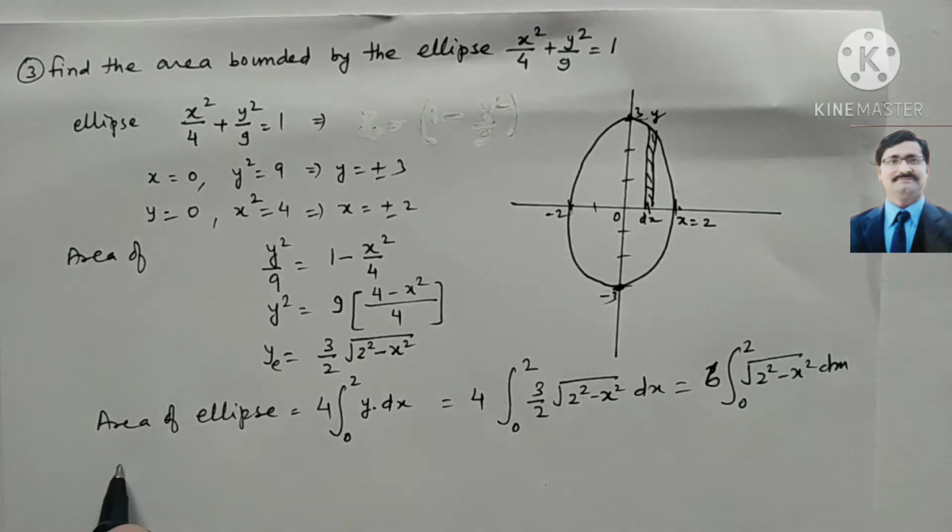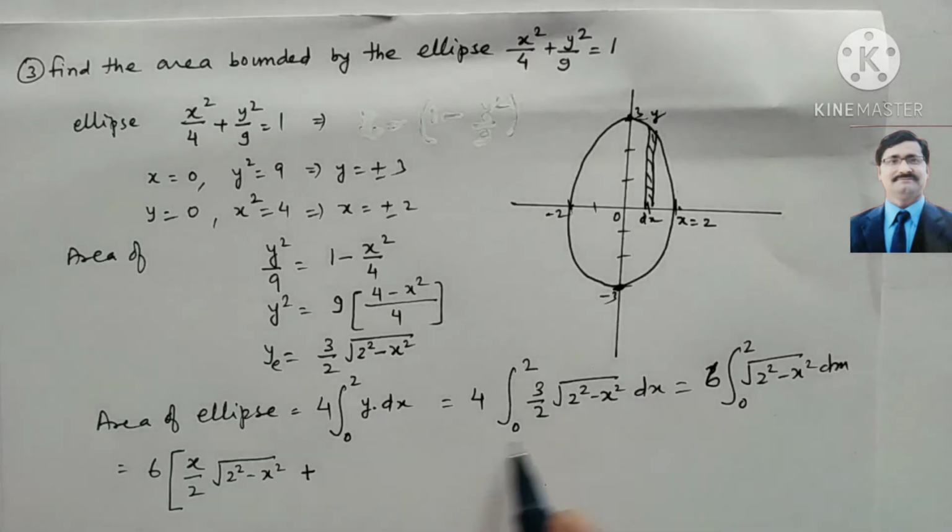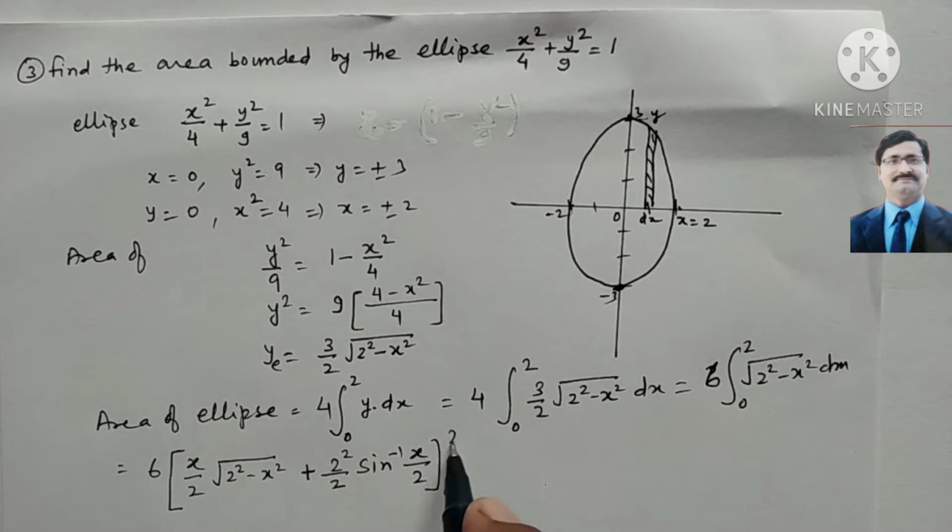And here we will use the formula, means we get 6 outside as it is, x by 2 root 2 square minus x square plus a square by 2, means here 2 square upon 2 sine inverse x by a. X is here x and a is 2, from 0 to 2.